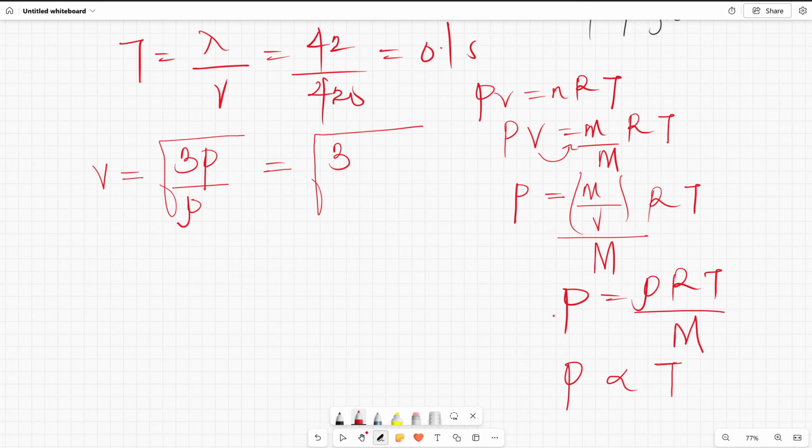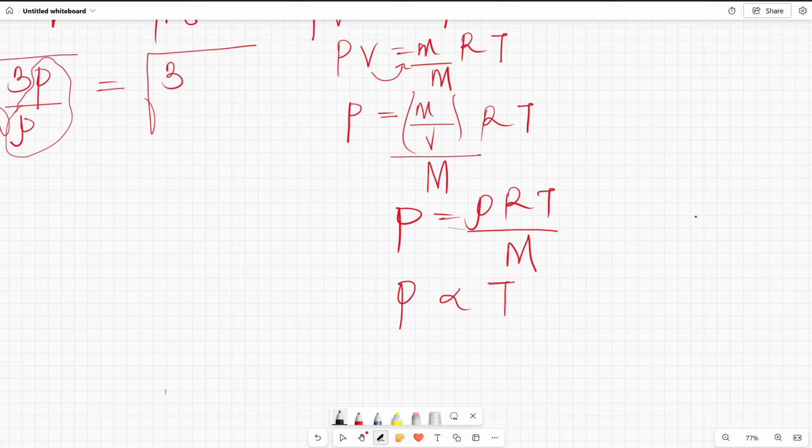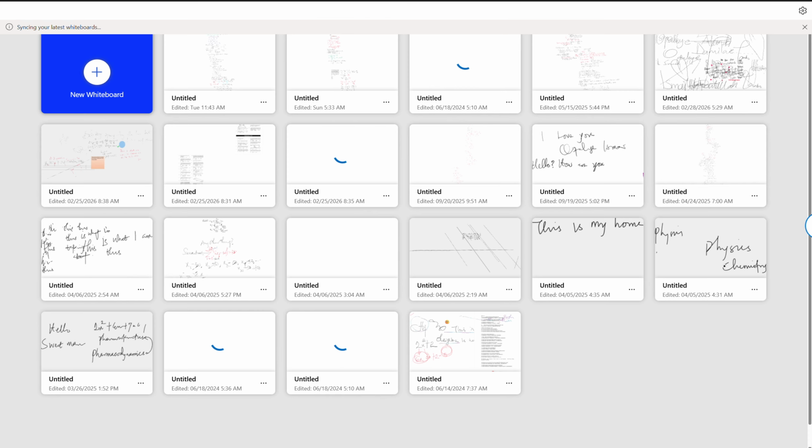In this equation we appreciate pressure divided by density, which shows that pressure divided by density is equal to RT divided by the molecular mass of the gas.